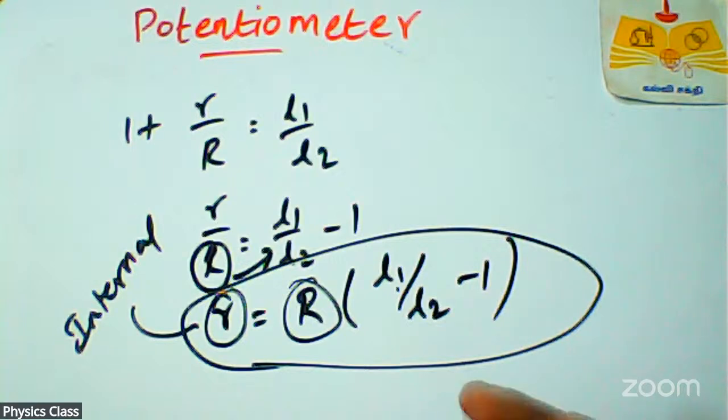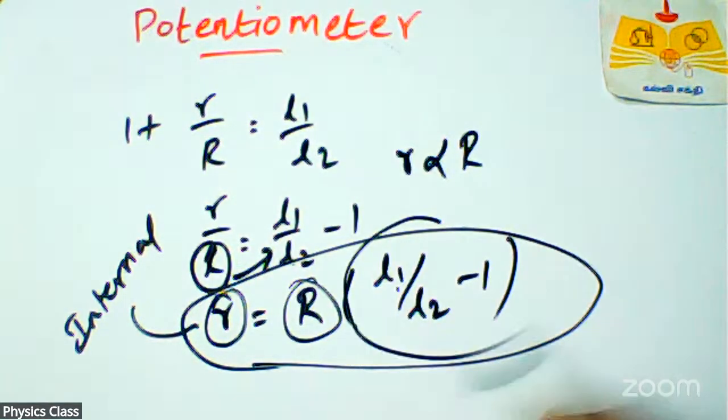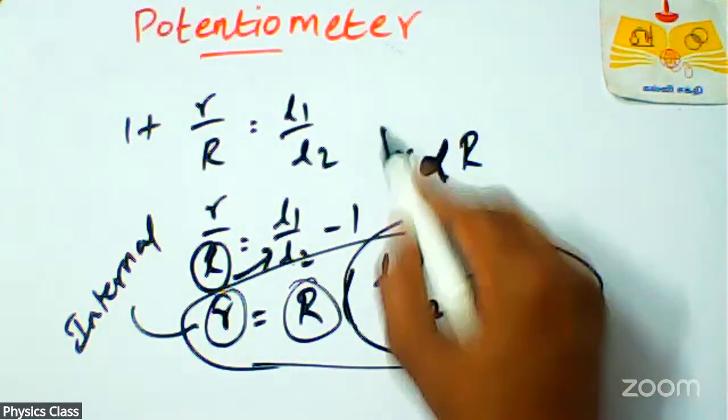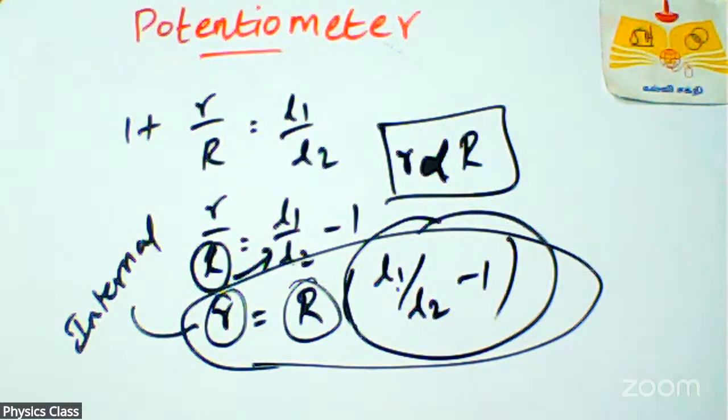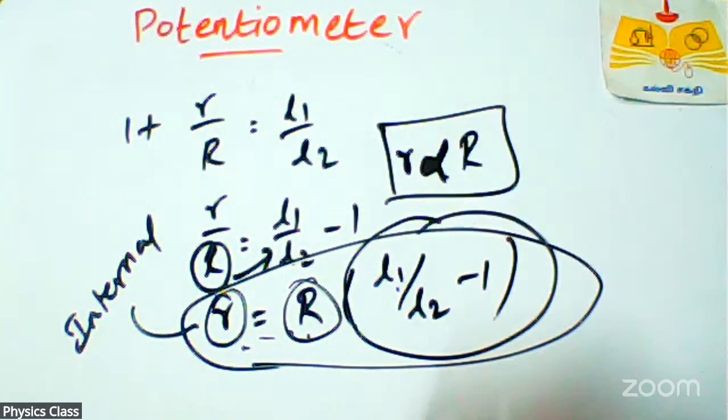When the experiment is repeated for different values of R, it is found that the internal resistance of the cell is not constant, but increases with the increase of external resistance. So that means r is directly proportional to R. Both are directly proportional, which means as the resistance increases, the internal resistance also increases.